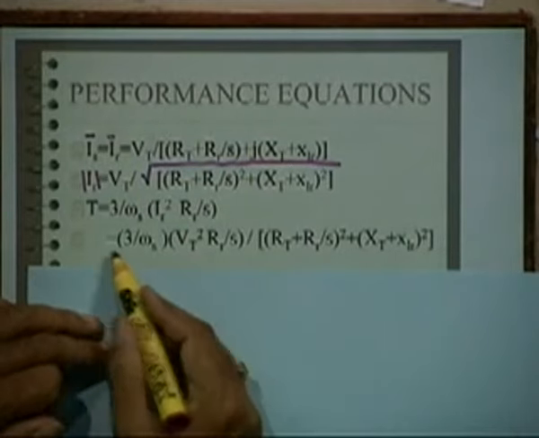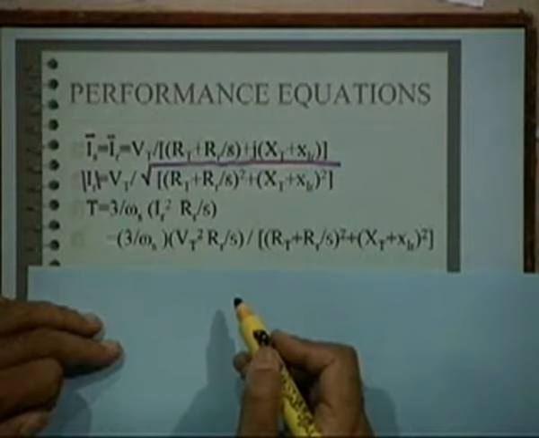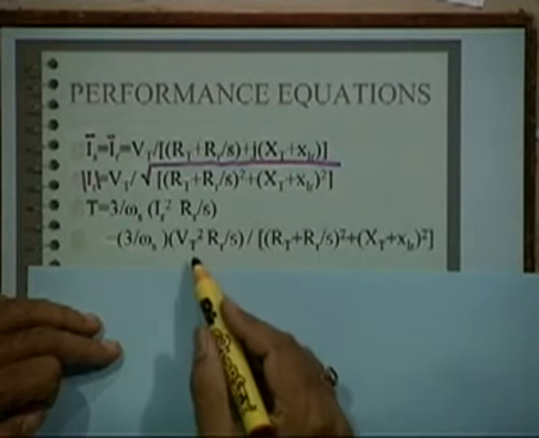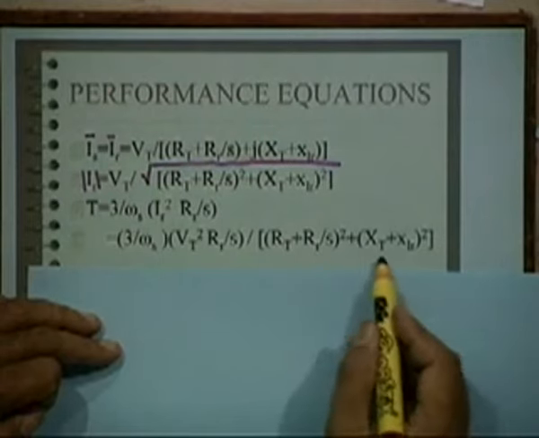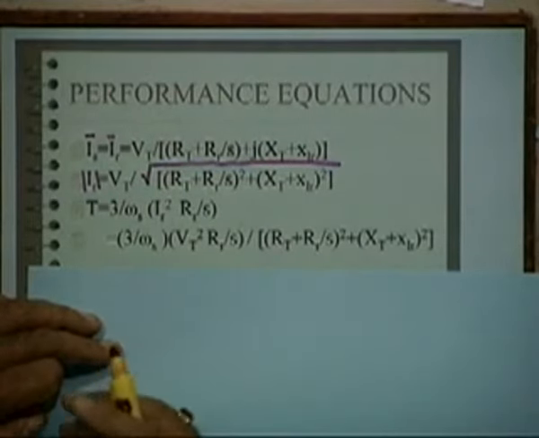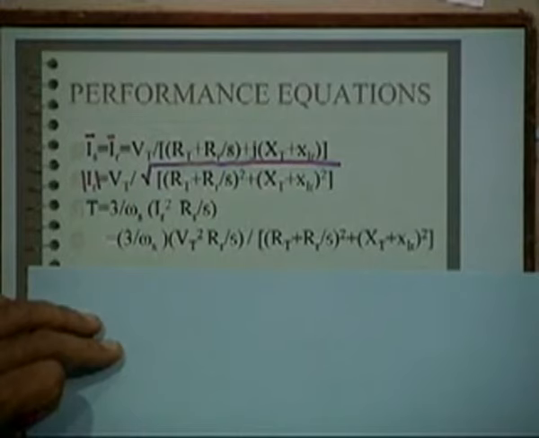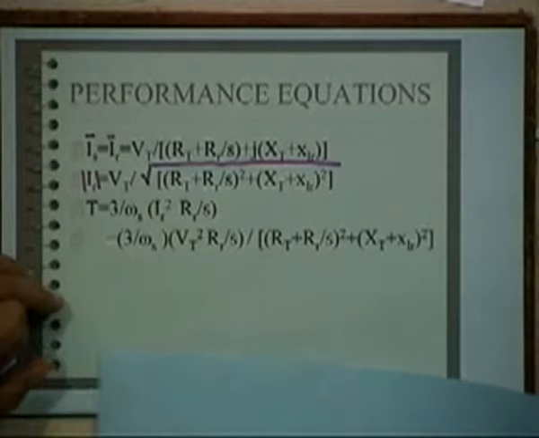So we have got an approximate expression for torque in terms of Thevenin voltage, Thevenin resistance and reactance, and actual RR and XLR. So we have now an expression for torque in terms of the parameters with the Thevenin quantities, okay.